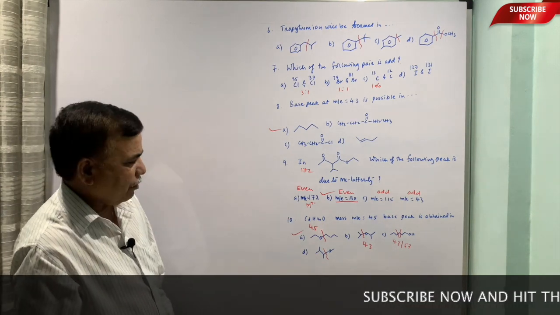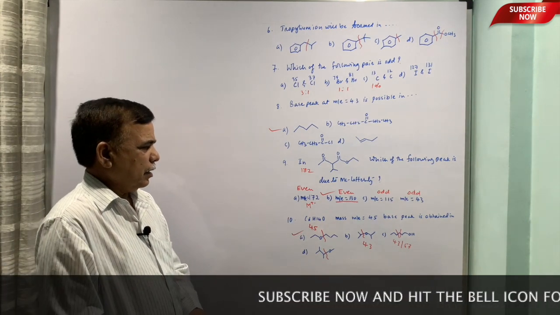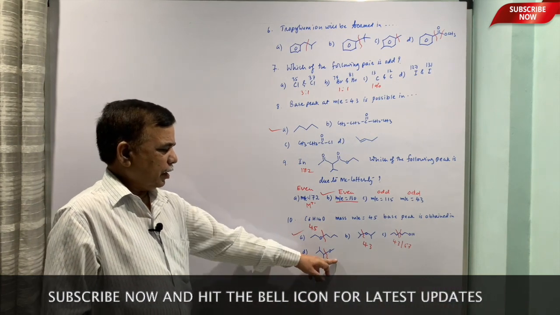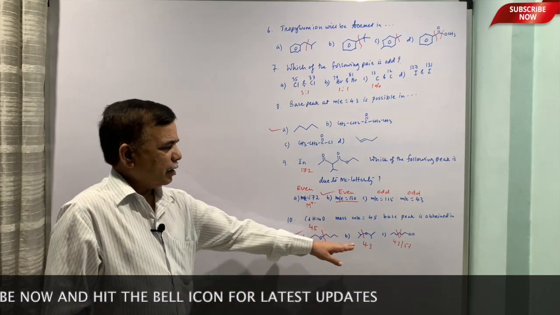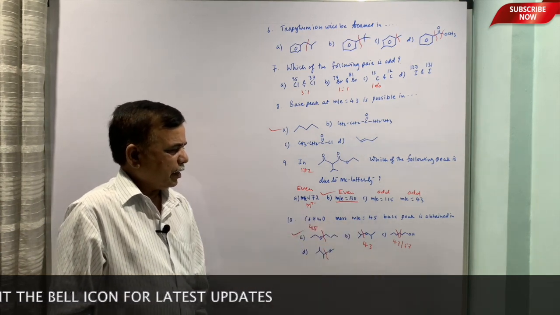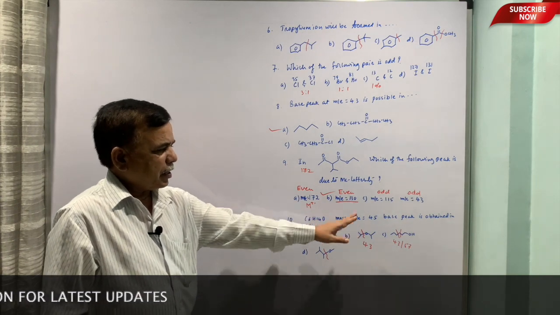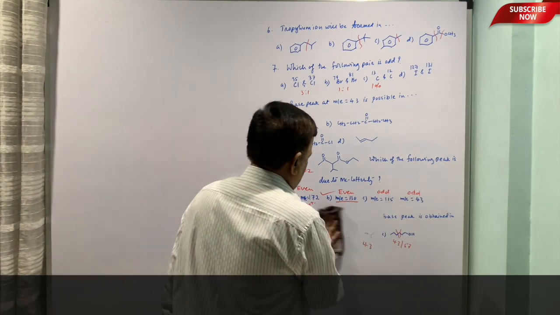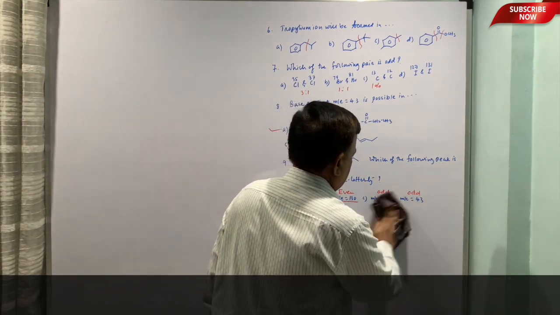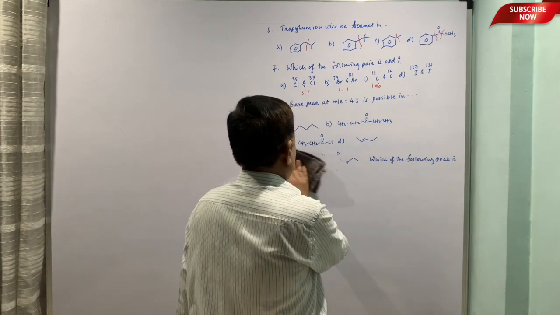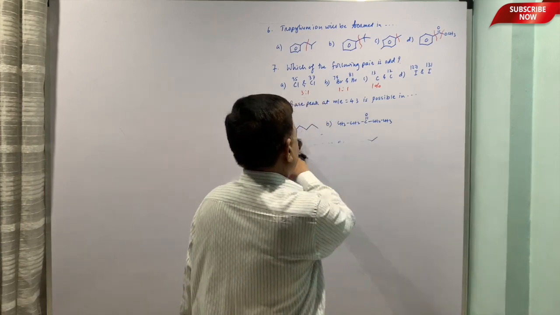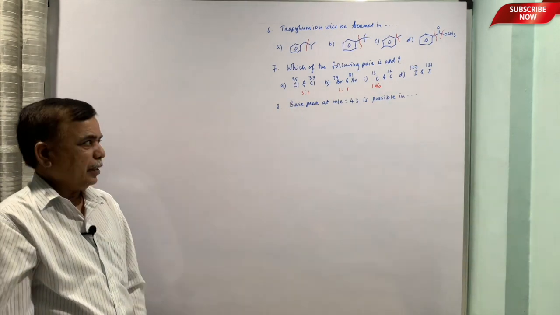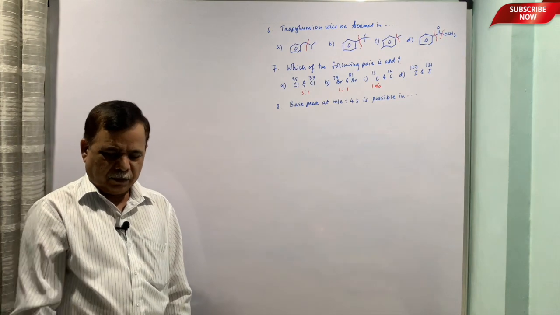The remaining fragmentations we have seen give some other peaks of mass to charge ratio, like 31, 43, 59, 57, and maybe some more, but not 45. So the first option is correct, that is the ether. Now C6H14O is a saturated compound, so obviously the oxygen has to be in the form of an ether.